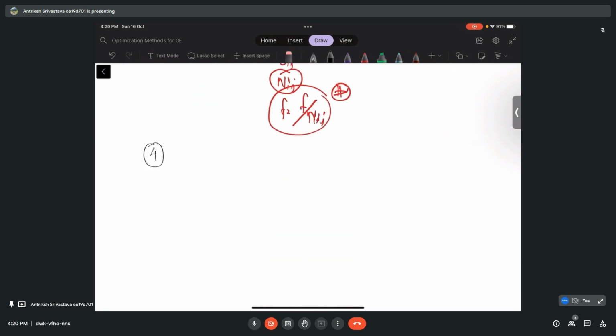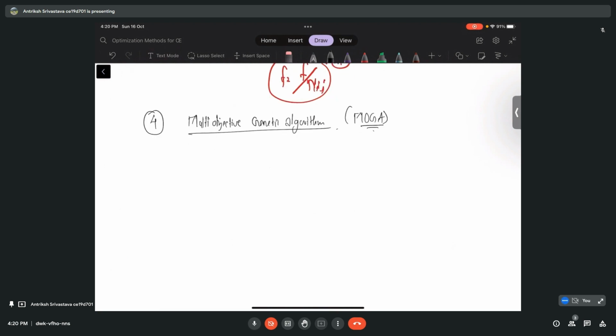The fourth one we have is MOGA. Quite a funny name, I thought, and its full form is multi objective genetic algorithm, MOGA. So what do we do in this?